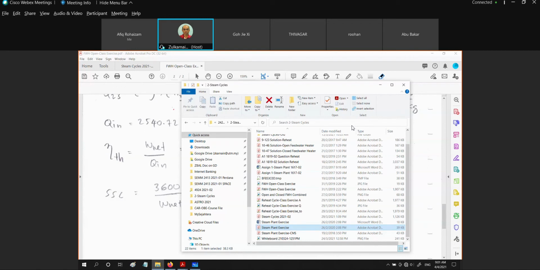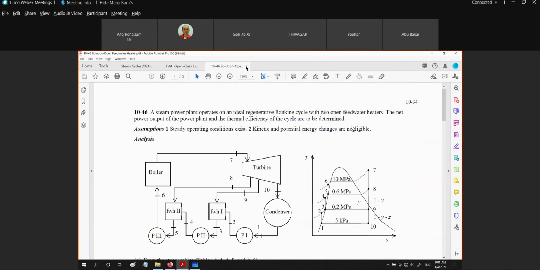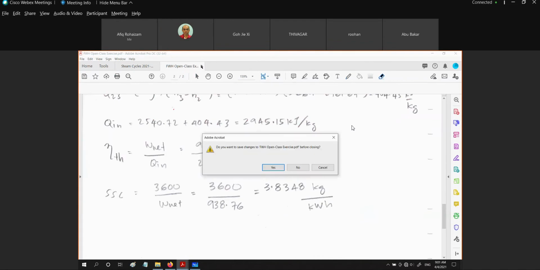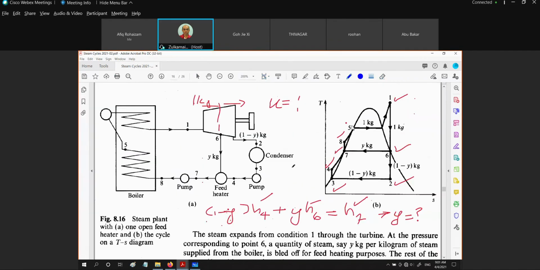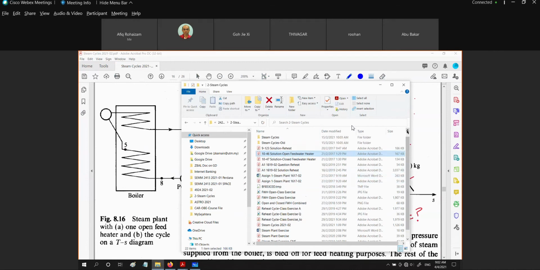Now, what we are going to do next is to look at one question on the open feed water heater.